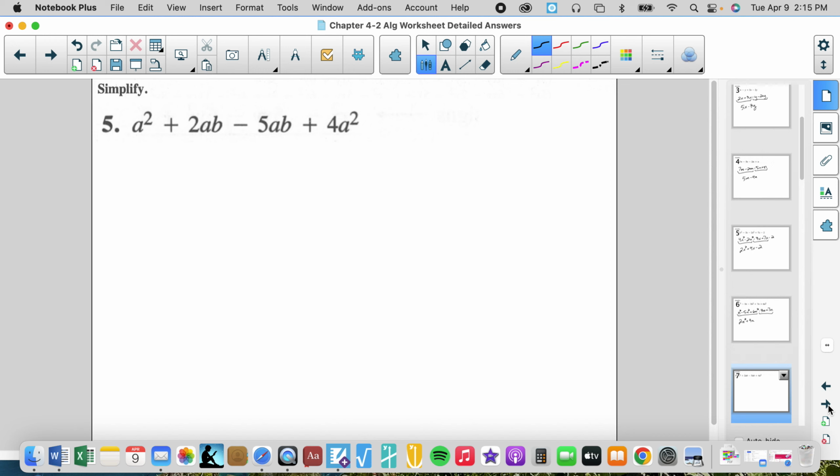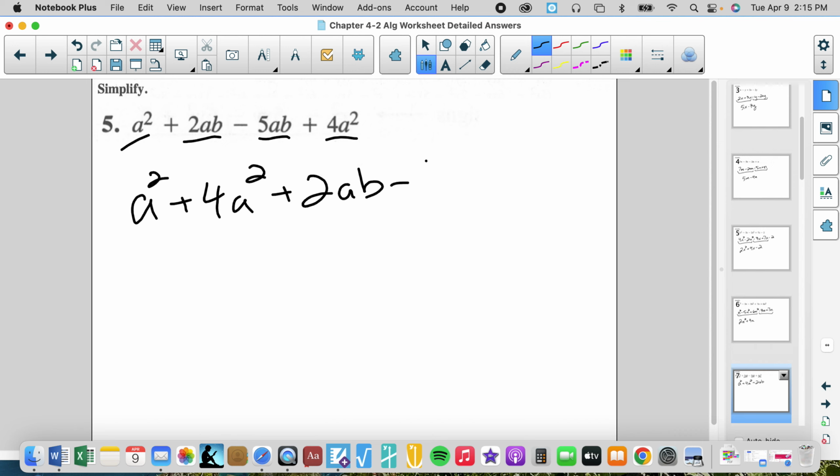Nice and easy. A squared is going to come before a. So these are going to come first. Now I have a, b. And the reason why ab comes next is not because of the b, but because of the a. I look at the first variable. My first variable is a. So they're the same.